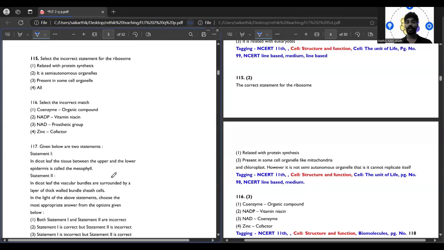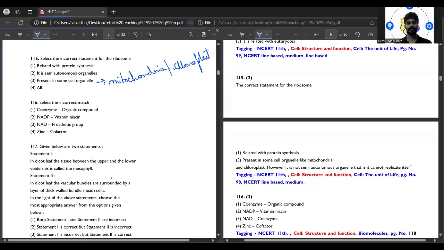Another thing could be presence in some cell organelles, which is also correct, like the mitochondria, correct? And it could also be in the chloroplast.